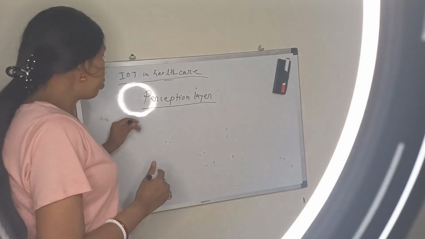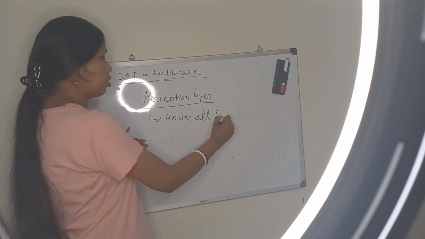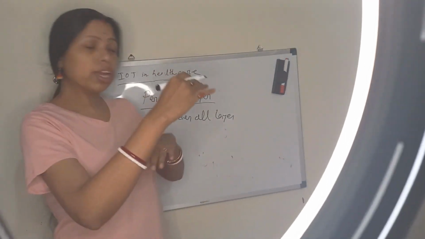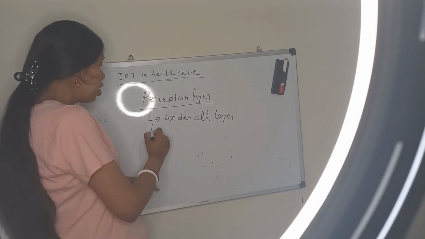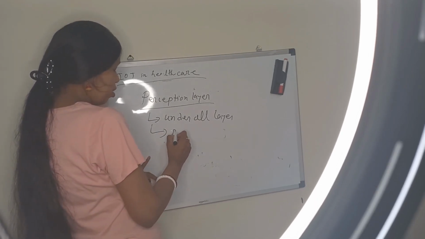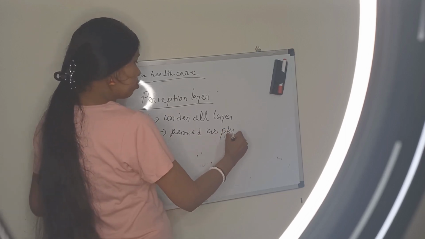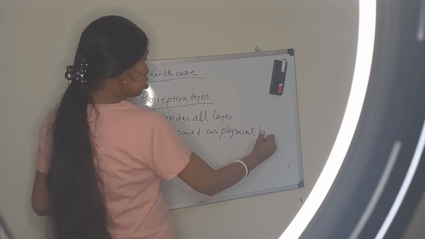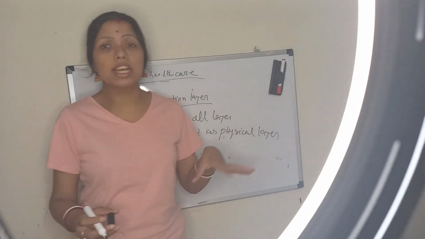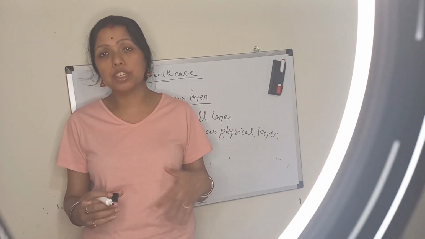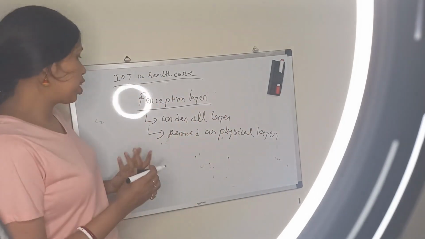The perception layer is the bottom of the architecture, under all the other layers. It is also preferably named the physical layer, because this layer deals with physical objects, physical quantities and physical signals.